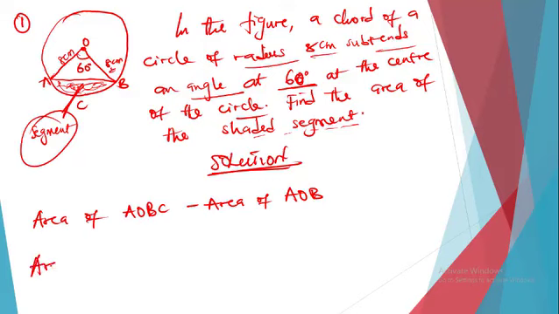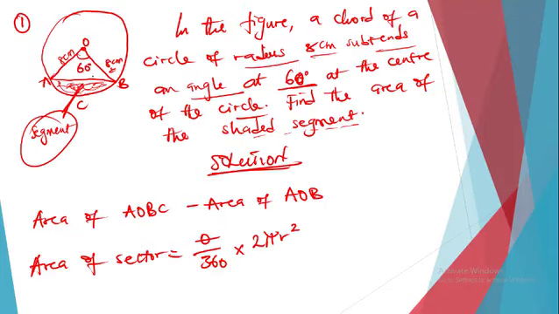The area of a sector is equal to theta over 360 times 2 pi r squared. So let's write it down here: theta over 360 times 2 pi r squared.